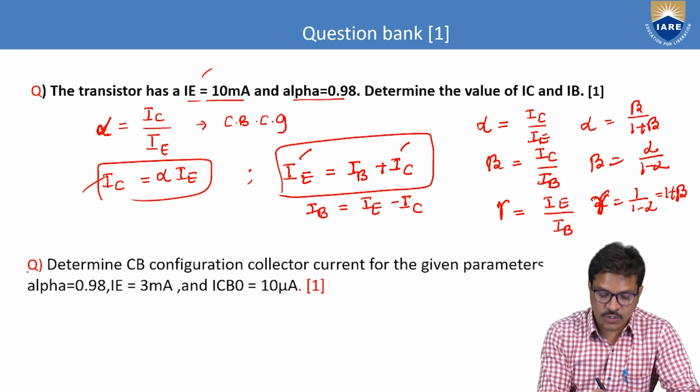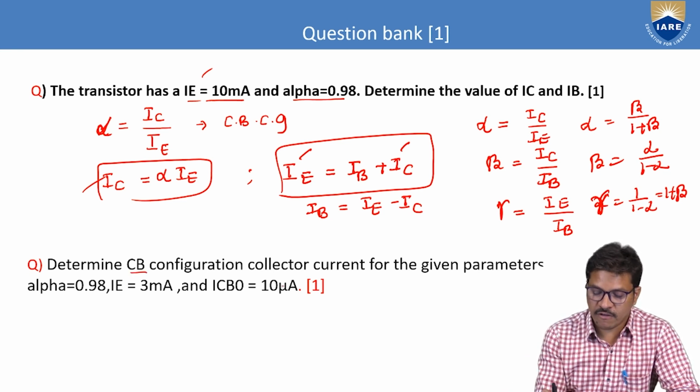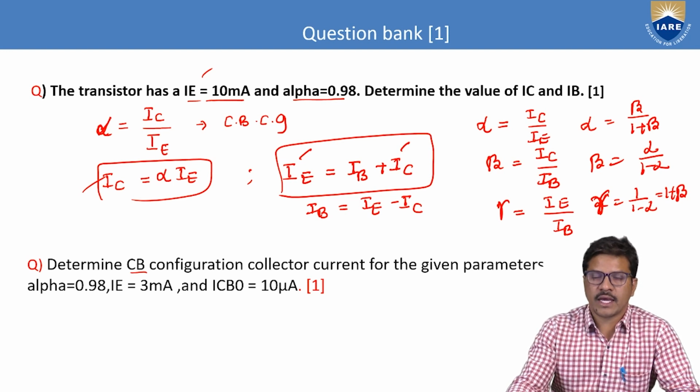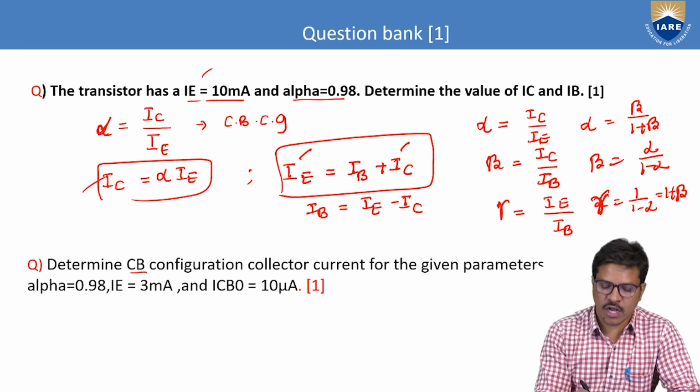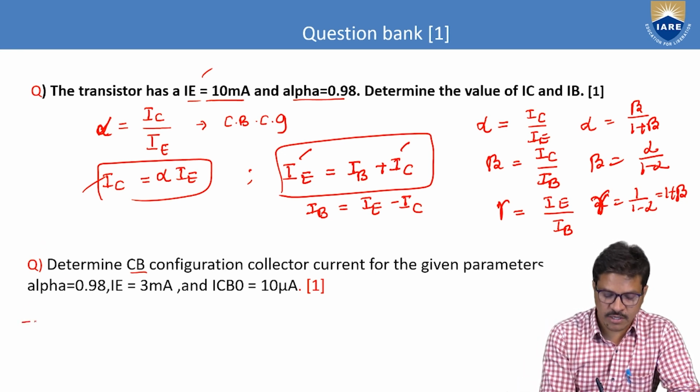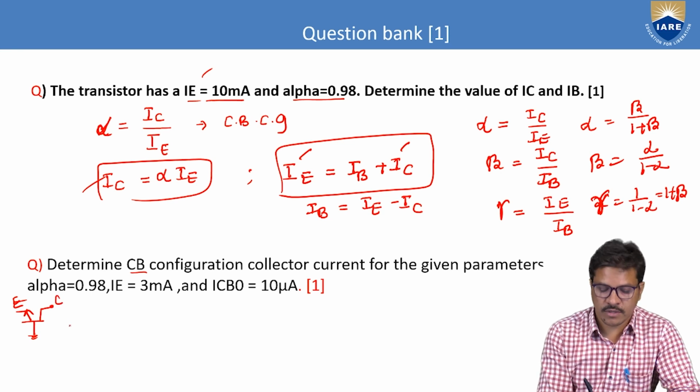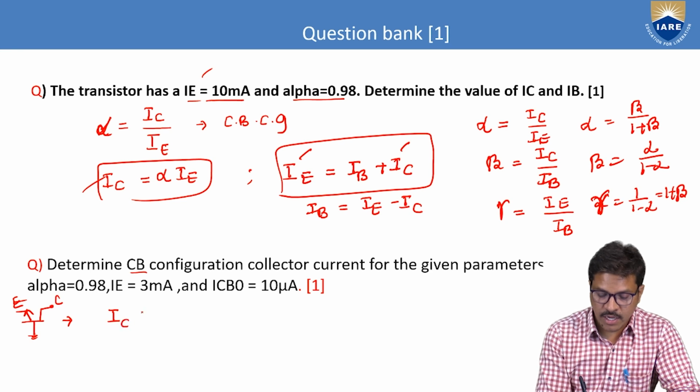Then the next question: determine the common base configuration collector current. Basically, each and every configuration has output currents. In the common base configuration, the base is connected to ground, the emitter is the input, and the collector is the output. The output current IC is equal to the IC majority plus the IC minority.